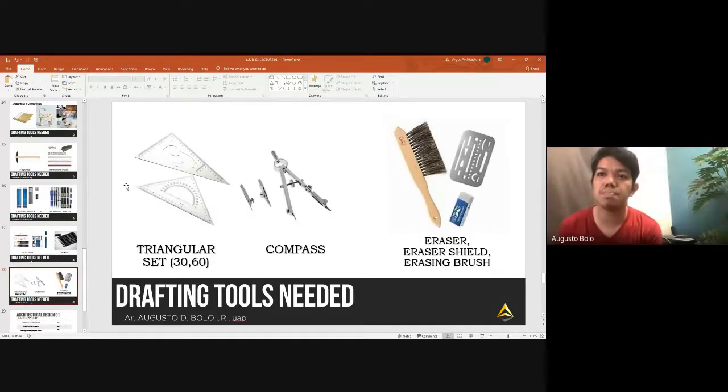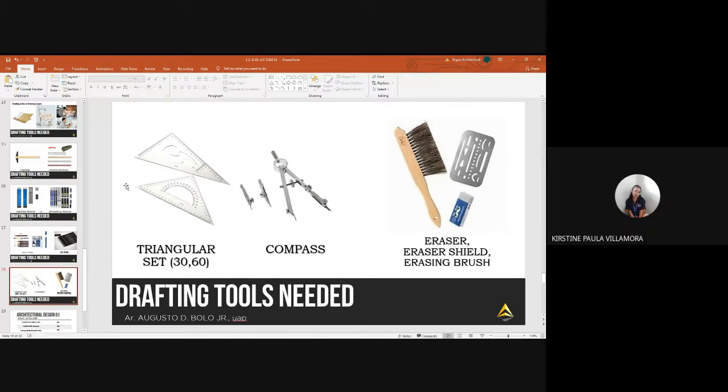Yes. Magic tape is also an option. Medyo mahal-mahal siya compare sa masking tape. Ang magic tape is a transparent tape. National Bookstore has magic tape. You can buy it. I don't know the brand, pero it comes in similar, may nakalagay naman siya. Did I answer your question? Yes po, thank you po.